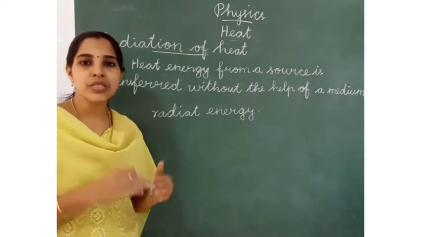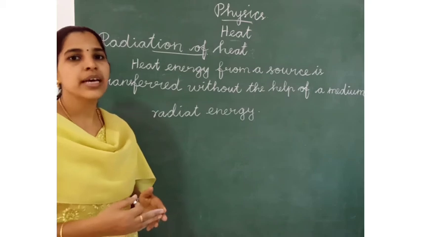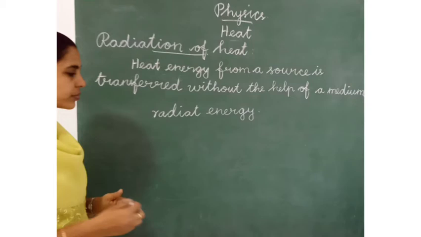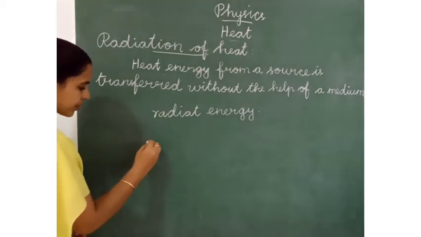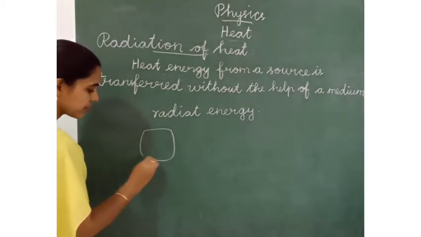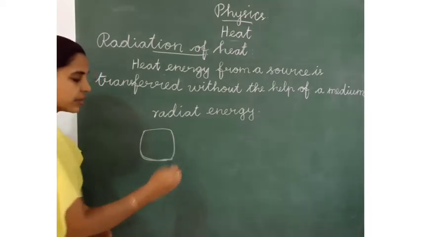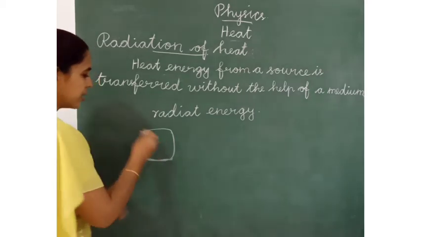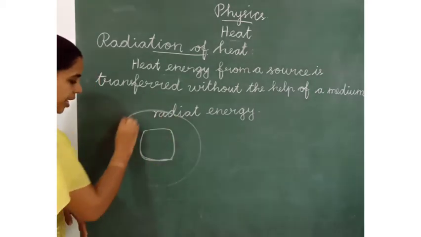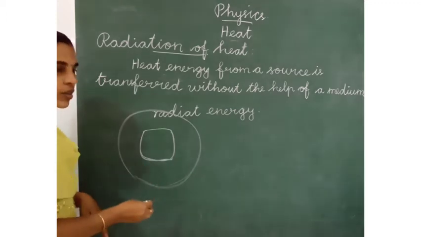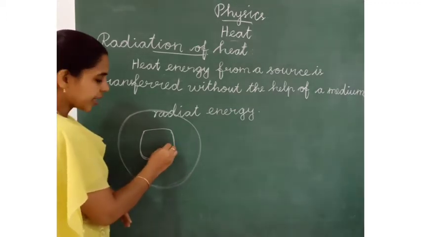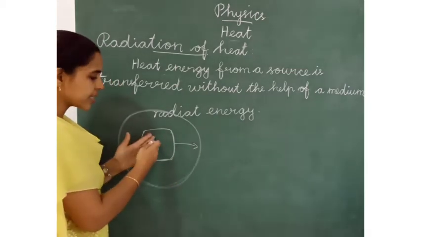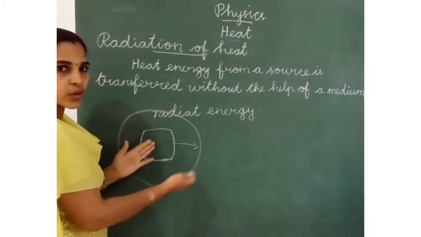Next one is absorption and emission of radiant energy. For example, this is an object. If the object has a higher temperature and the surroundings have a lower temperature, then heat energy is sent from this object to the surroundings.